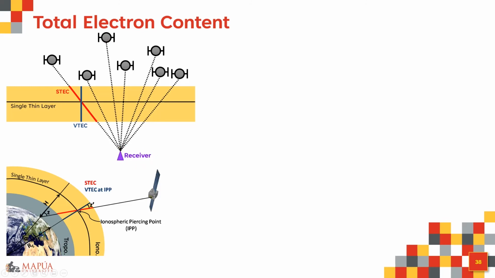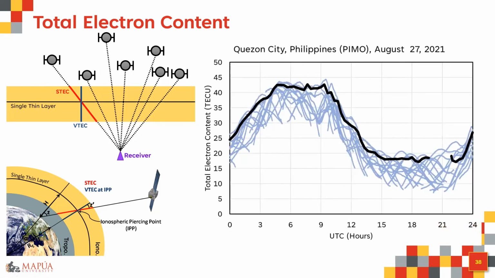This is described by this image. It shows the vertical total electron content of all satellites seen by our receiver located in Quezon City, and the black one is the weighted average of the total electron content.